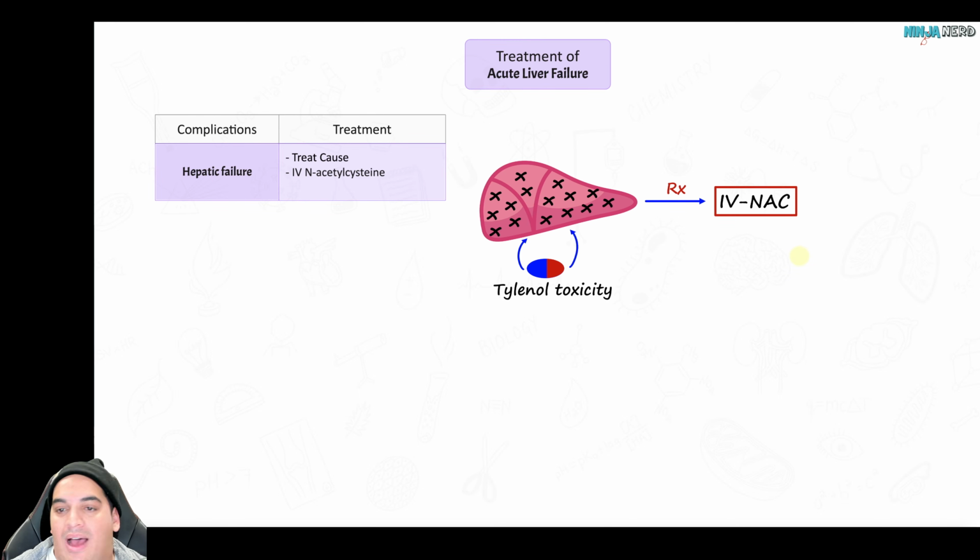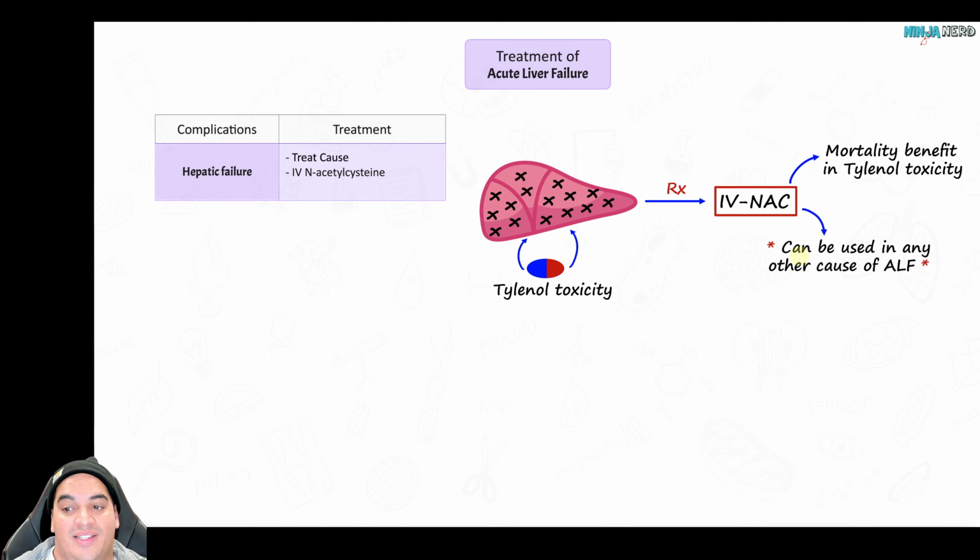The mechanism by how this works is not completely clear, but it's been shown to really reduce a lot of the inflammation and potentially reduce the risk of profound fulminant hepatic failure and the need for transplant. And that's a really significant mortality benefit. There is some data to suggest that you should still use this drug in any other cause of ALF, acute liver failure, even if it's not Tylenol toxicity.